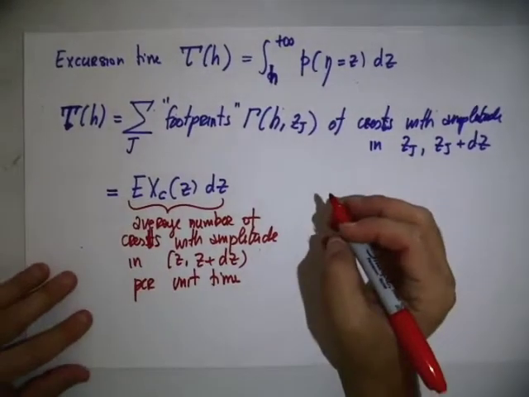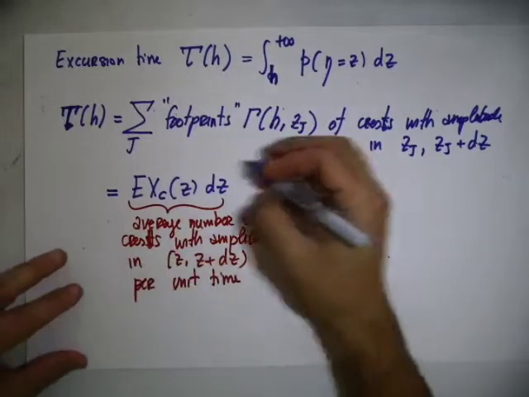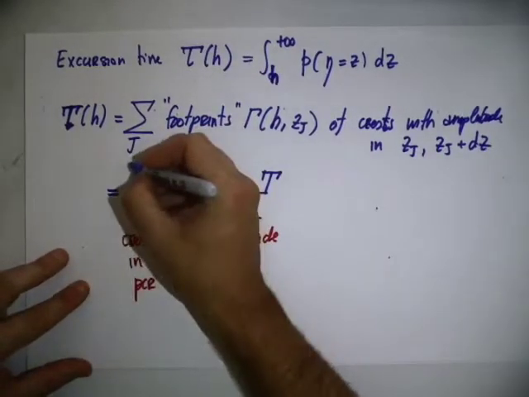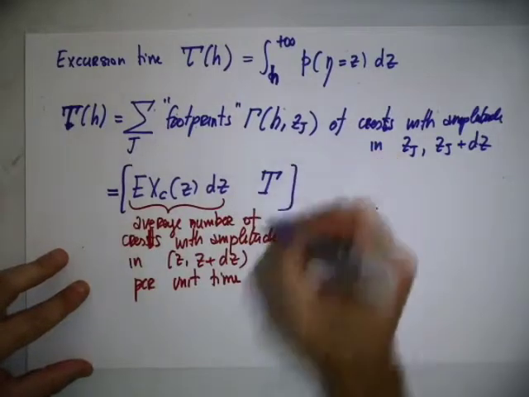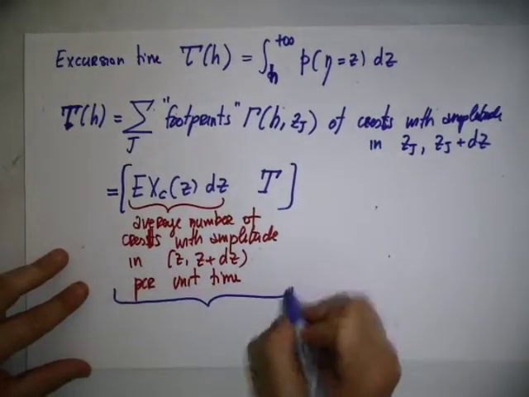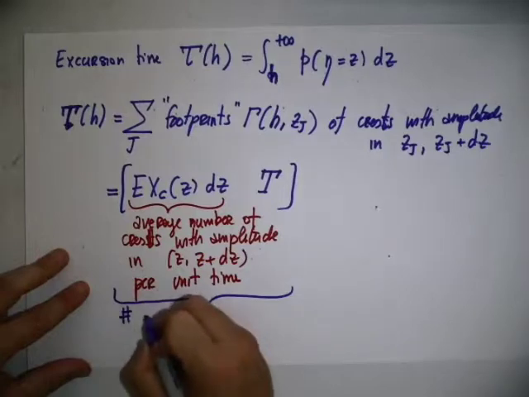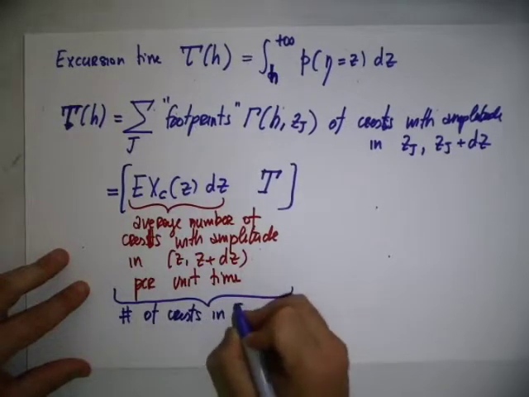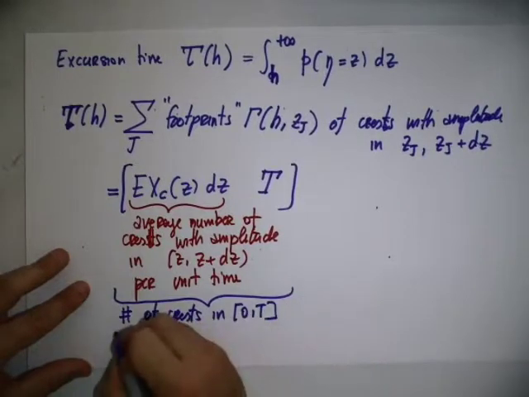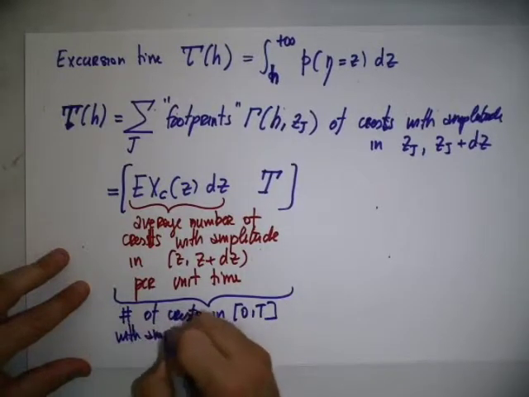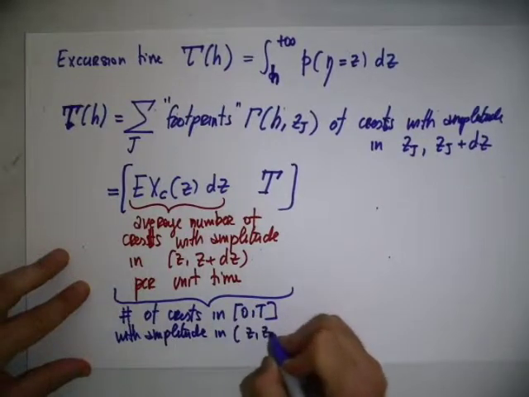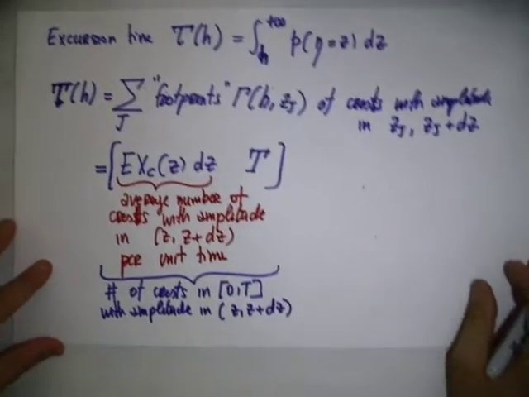Then what I do, I multiply by T. So all of this is what? The average number of crests in 0 to T with amplitude in z and z plus dz.